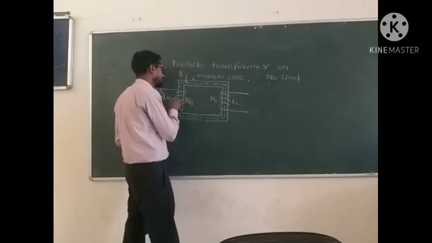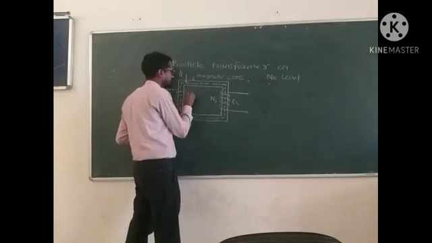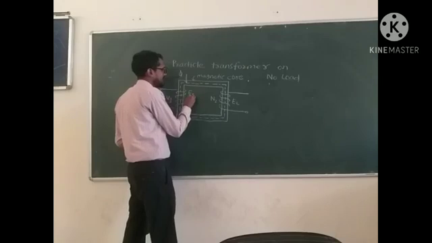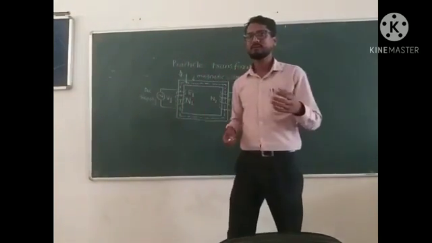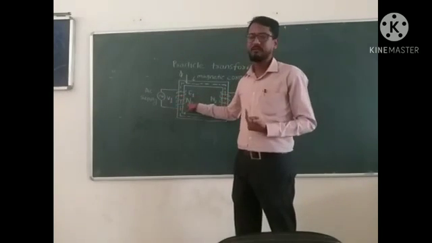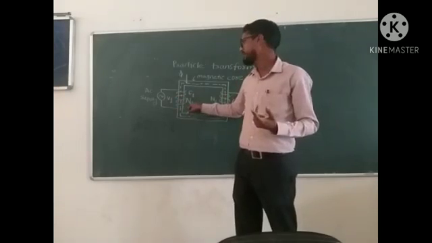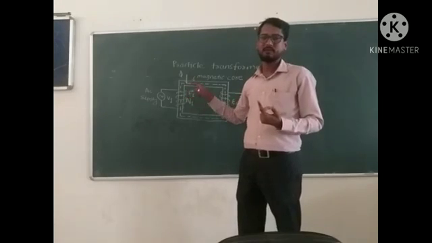The EMF induced in the primary, by Faraday's law of electromagnetic induction, is E1. When the primary supply voltage V1 is applied to the primary winding, the primary current starts flowing through it.